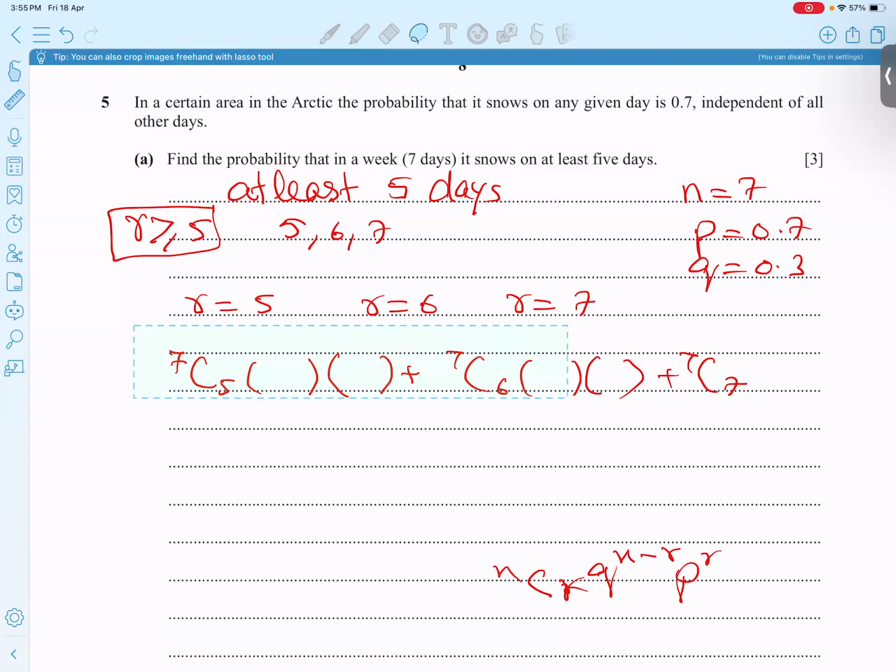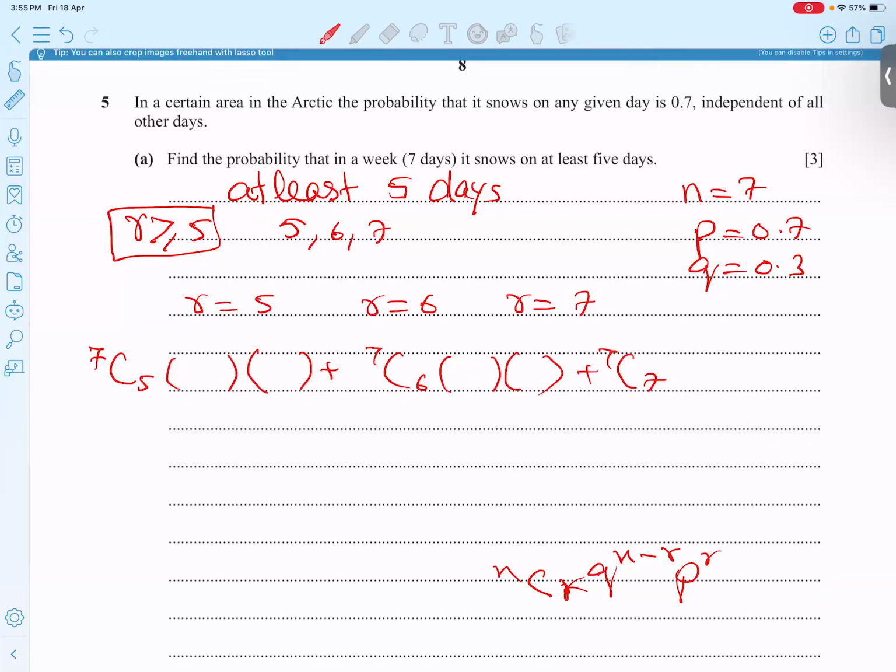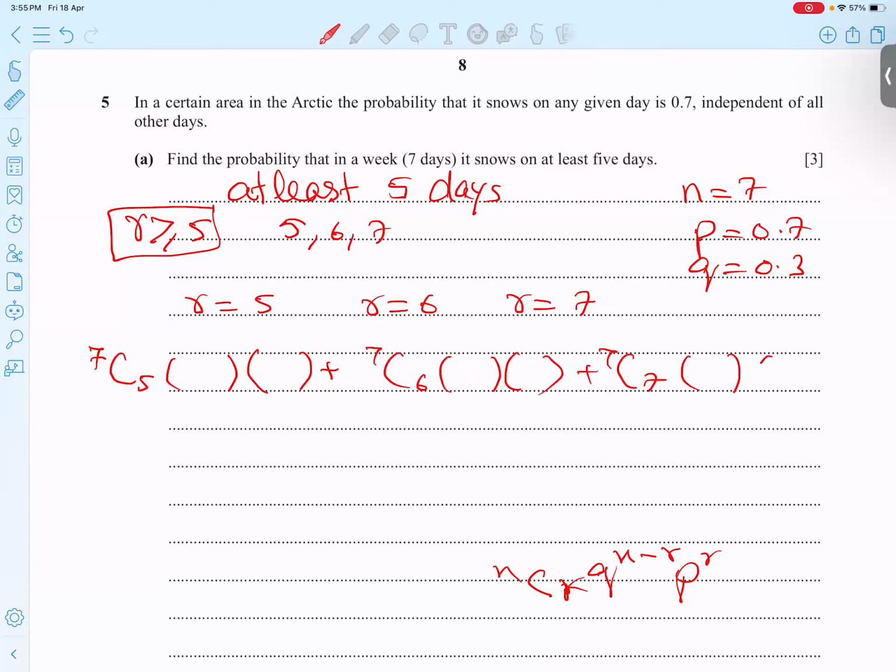I believe all these points are very clear. Let's try to finish the question. Here 7 minus 5, here 5; 7 minus 6, here 6; 7 minus 7, here 7. In each bracket, first Q, then P; Q, then P; Q, and then P.